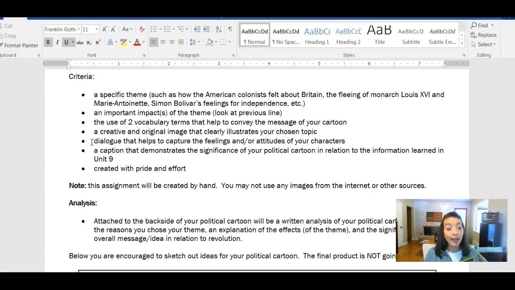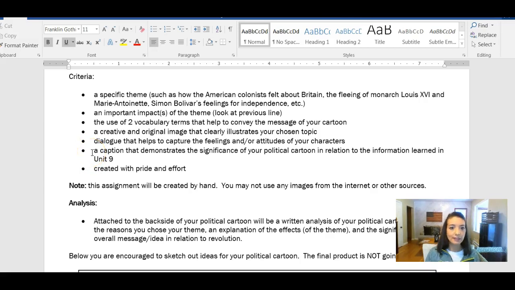You are going to have characters in the cartoon, and you need to have little dialogue bubbles coming off of the person's head, mouth, somewhere around them. And you are going to write as if they are speaking. And again, this is going to help convey the thoughts, the feelings, the attitudes of the people in your cartoon.